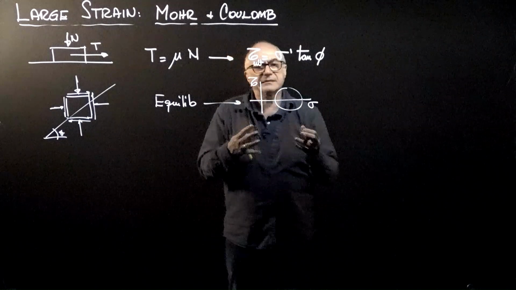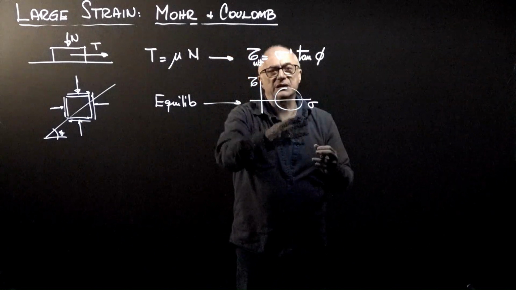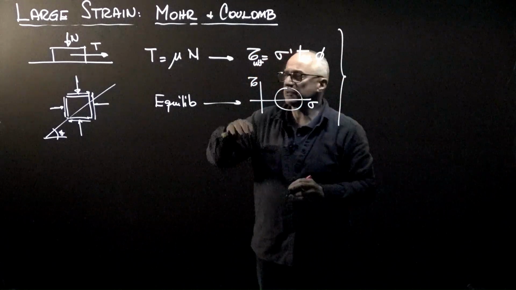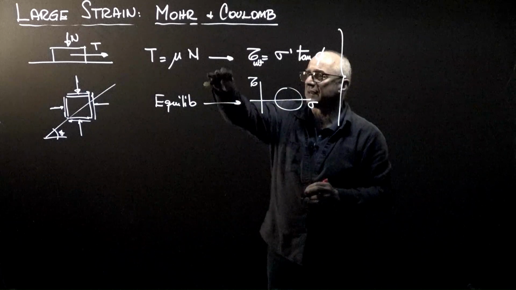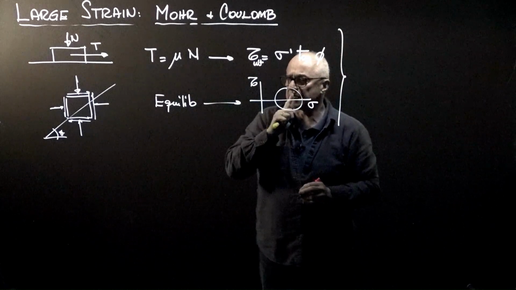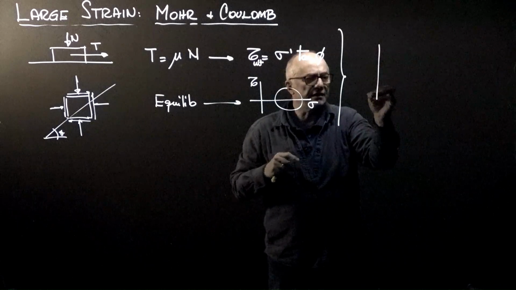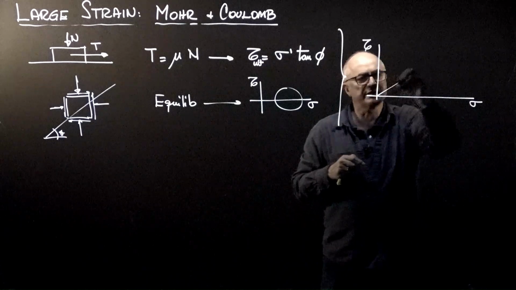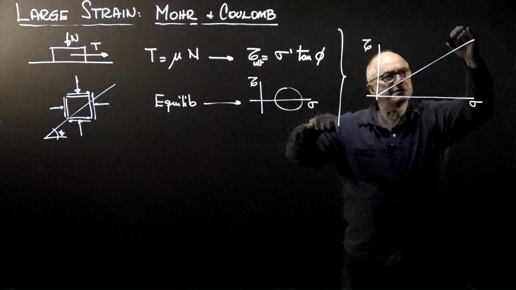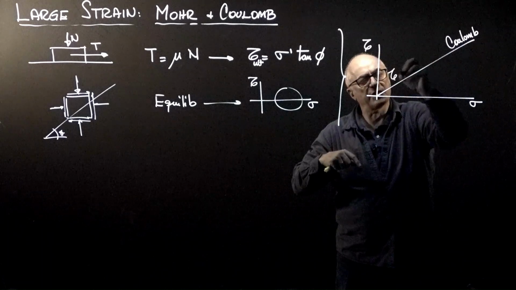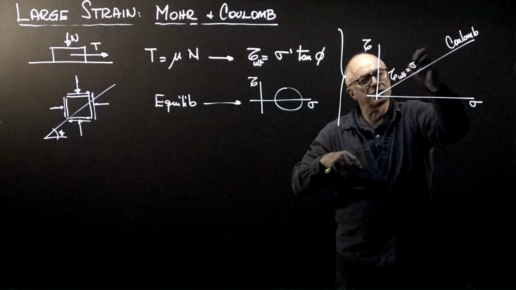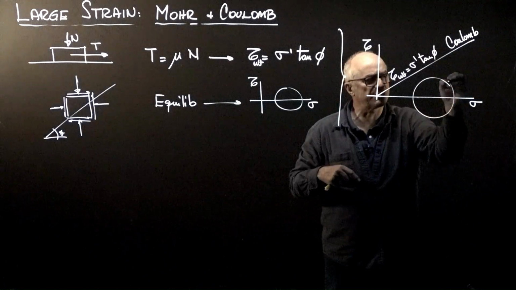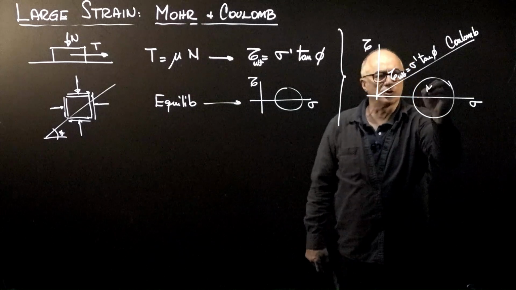Now, as you can see, both of them are talking about the tau sigma space. So even though they did not coexist, this is 18th century, Mohr is in the 19th century, actually they do coexist in the tau sigma space, where this is Coulomb, the straight line, where tau at failure is equal to sigma effective tangent phi, and this is state of stress at a point in equilibrium according to Mohr.